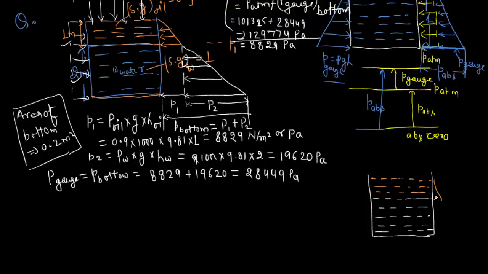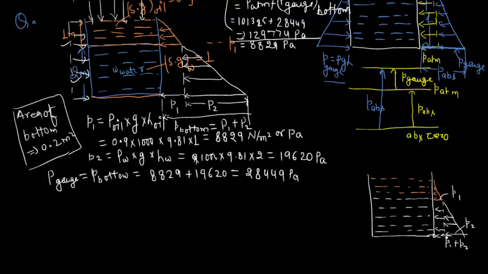This is P1 over here we are considering, and then this is same throughout here, and this is due to the water, and this is P2. This is P2 and this is P1 actually. Okay, so this value is P1. So now at this corner, this is the gauge pressure, that is P1 plus P2.